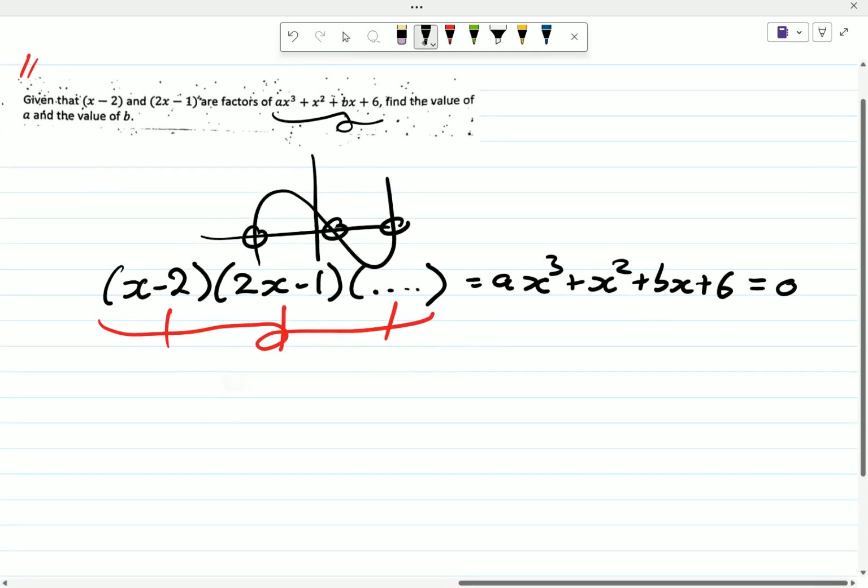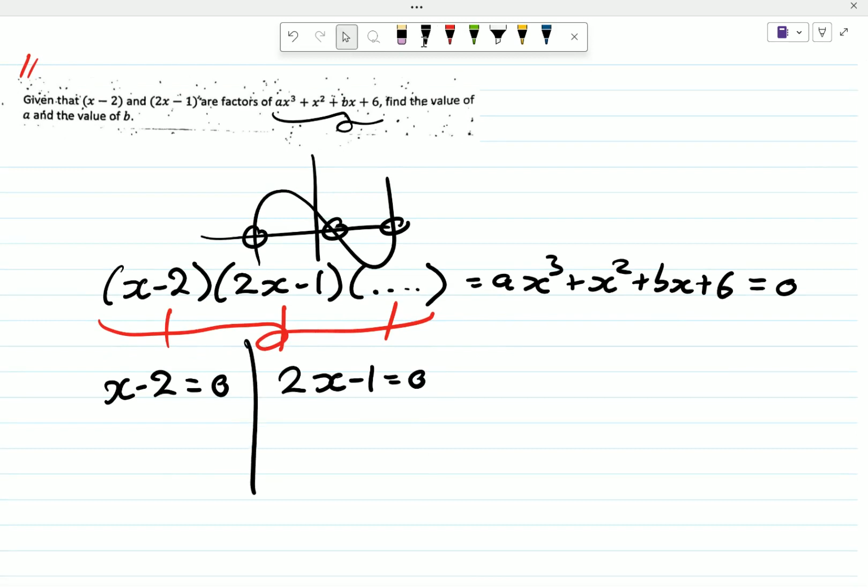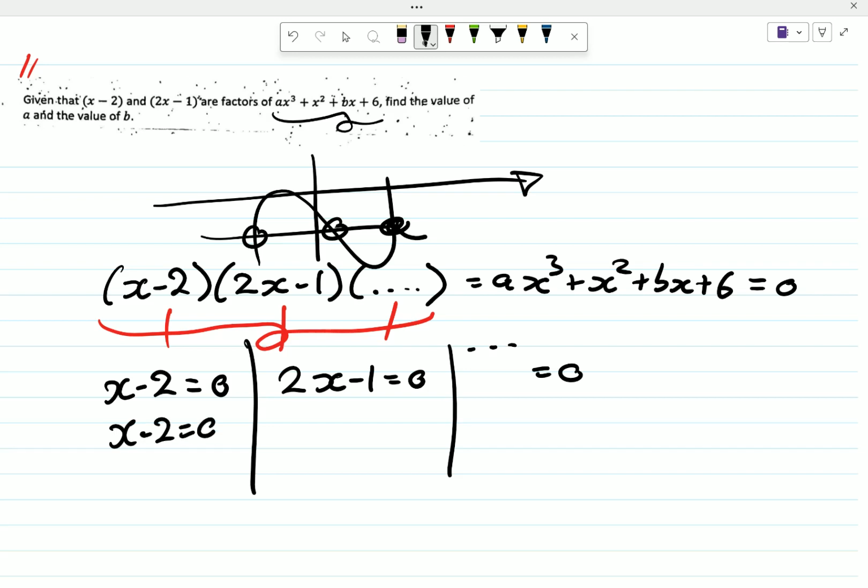So we can do a similar trick to what we were doing before. If we say x minus 2 is equal to 0 in case 1, 2x minus 1 is equal to 0 in case 2, and we don't actually have the third equation, but we could say that it's equal to 0. When we do that, we're finding the x value along the x-axis where this equation crosses the x-axis. So let's take this one example: x minus 2 equals 0, so x is equal to 2.